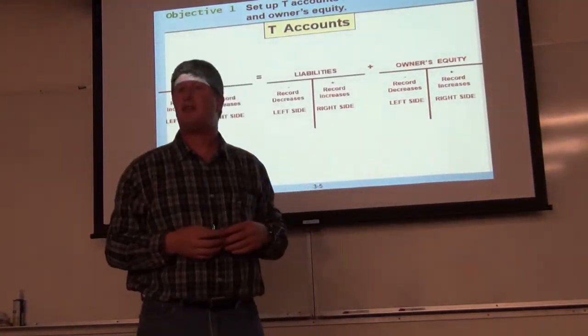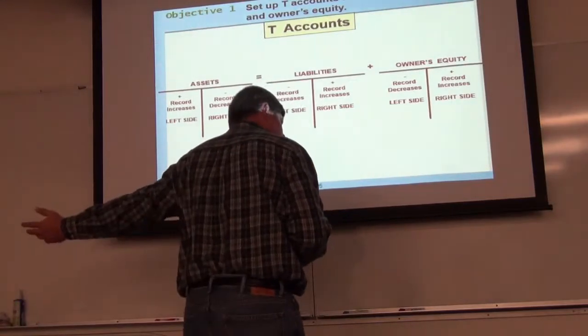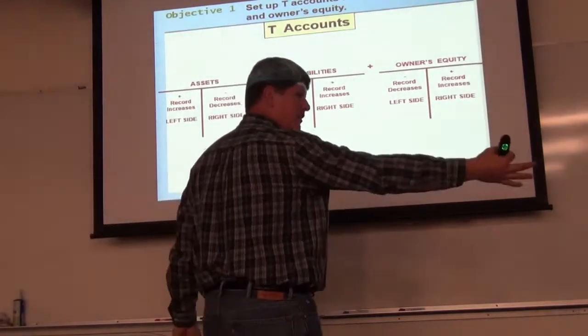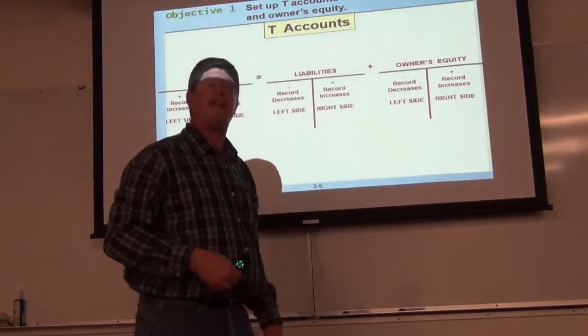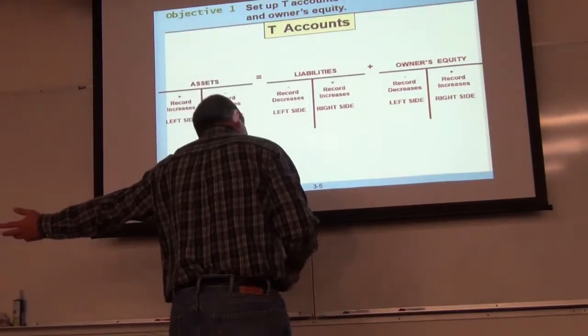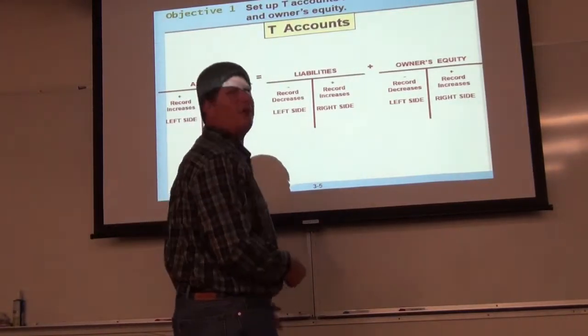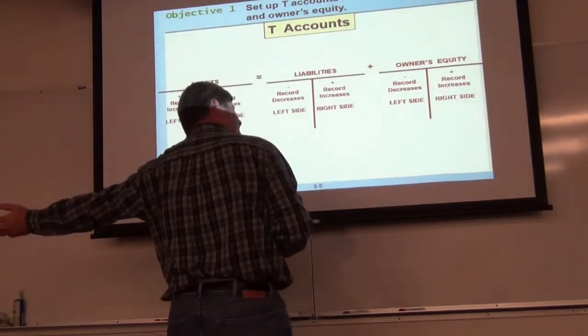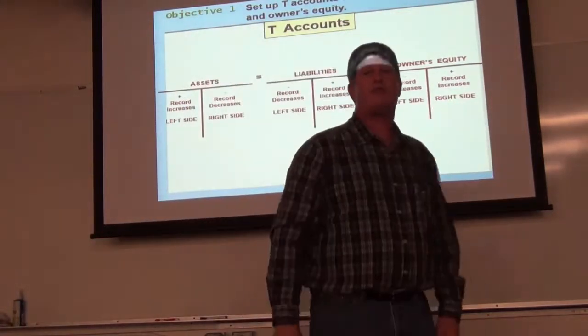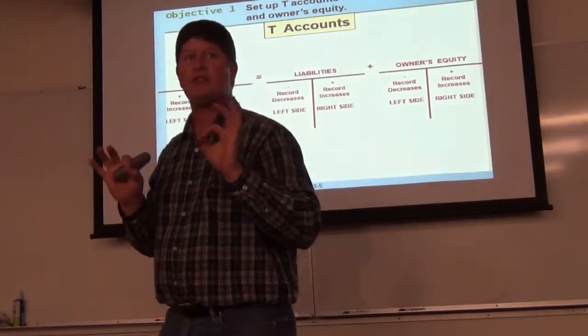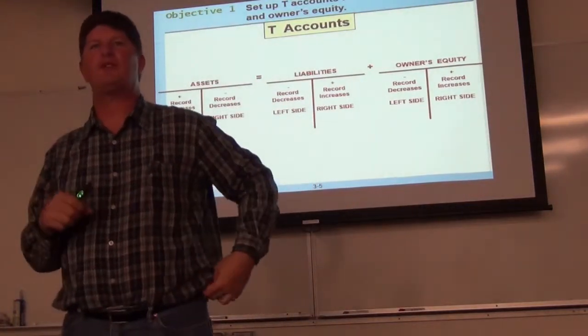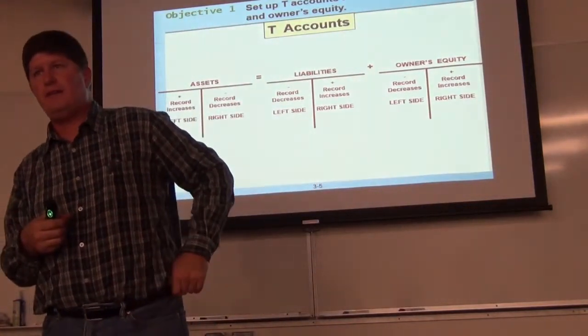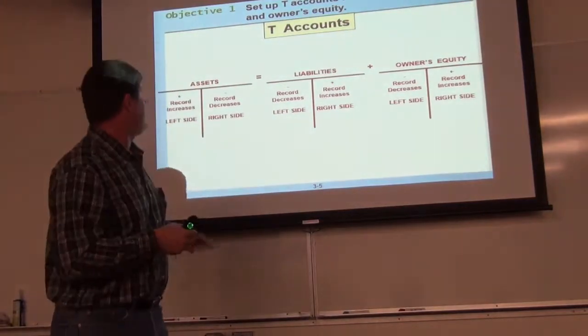If it's an asset account, debits are on the left, credits are on the right. If it's a liability, debits are on the left, credits are on the right. Always, always. That never changes. Debits are always on the left, credits are always on the right. Okay? Got to memorize that.